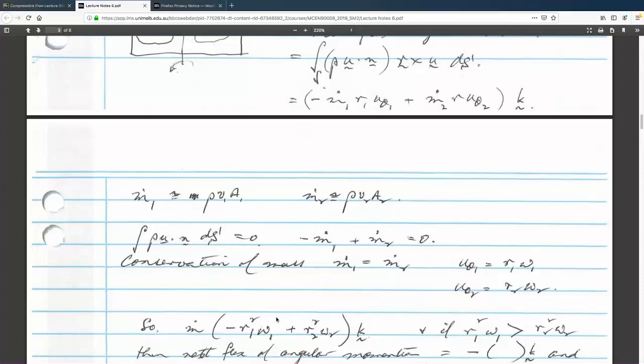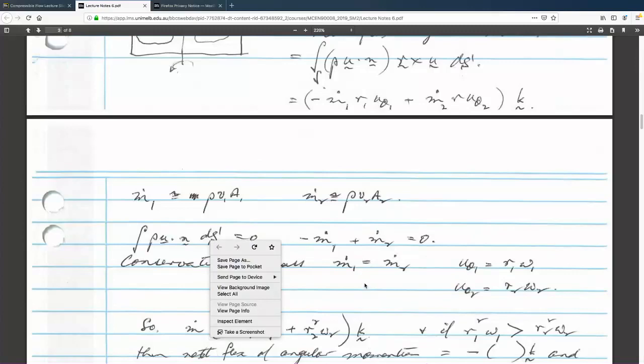But it has to be. So if I had drawn my arrows in the opposite direction, I'd have got the wrong answer. The flux of angular momentum would have been positive and not negative. But the torque, we know, is minus T k. So I must have had some idea what I was going to get. But I got the right answer.